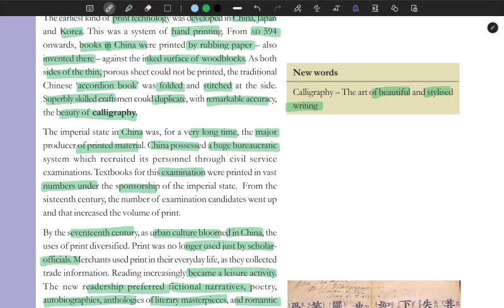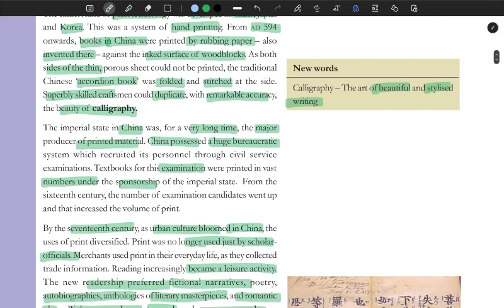You have seen people write in such stylish manners with those fancy ink pens. Exactly, that is what calligraphy is, the art of beautiful and stylish writing. It's not just about writing or the information you are conveying, it is also about making it beautiful, making it attractive. So that is what calligraphy is.